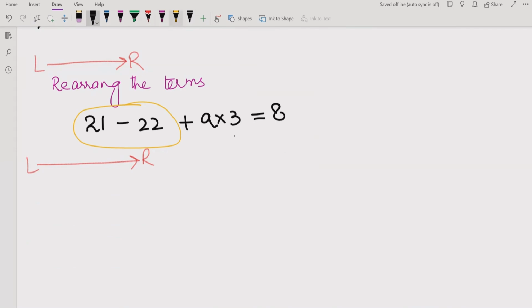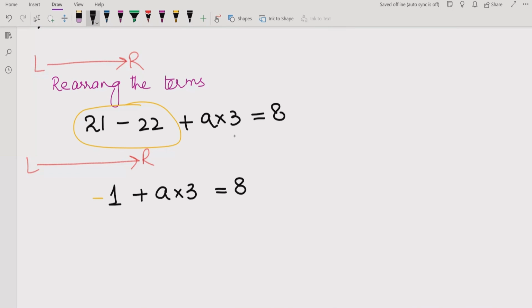So now we will solve 21 minus 22. We will get the answer 1, but the sign will be minus because minus 22 is the bigger number which has the minus sign. Again, we will write the other terms as it is.